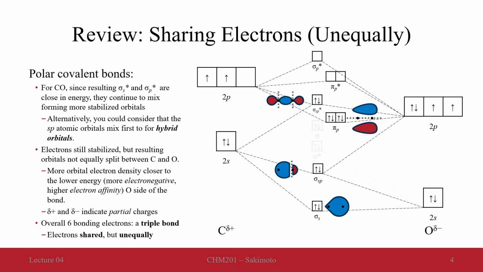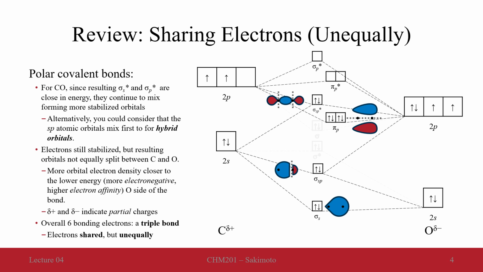The net effect we see is that oxygen, being slightly lower in energy, with a higher electronegativity, more protons to pull electrons to itself, in the tug of war over the custody of these electrons, the oxygen side of this molecule is going to shift and pull more of the electrons towards itself. The net effect is that these electrons are not going to be shared equally between our carbon and oxygen. They'll be shared unequally in what we would call a polar covalent bond.